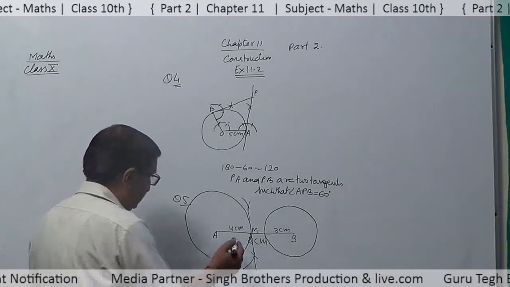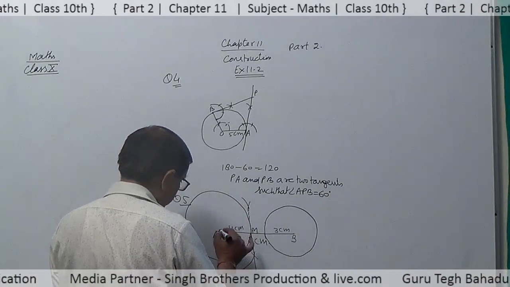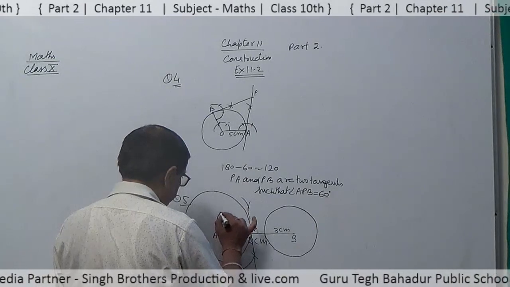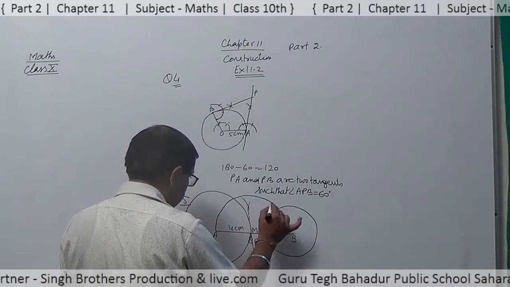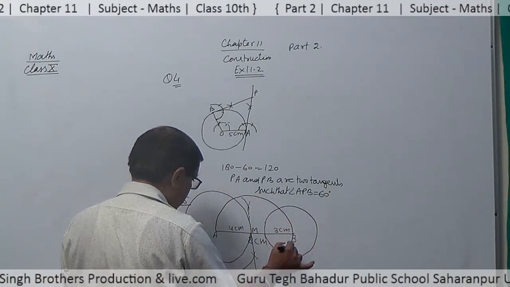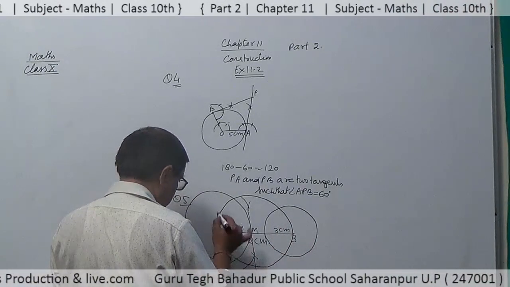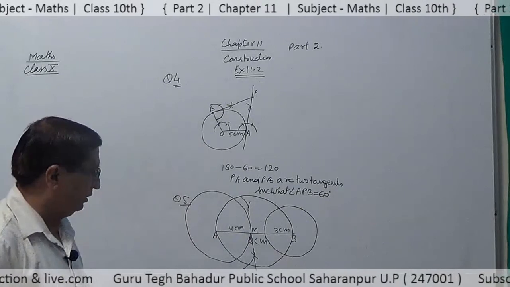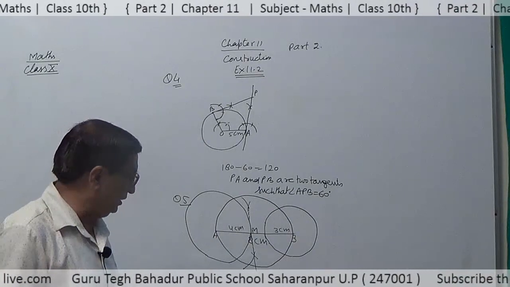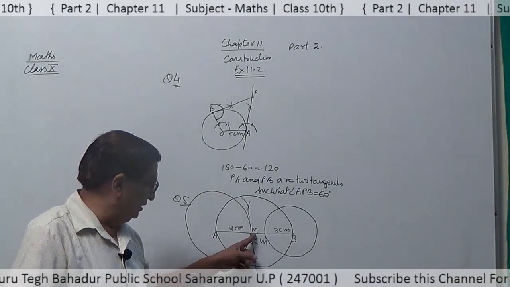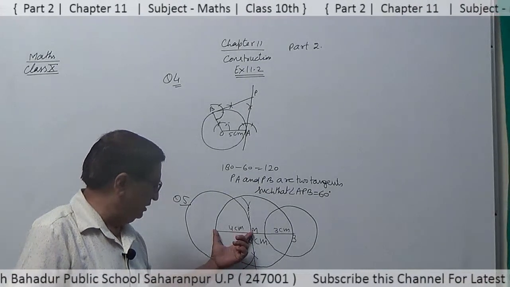Taking M as center, draw the circle which passes through A and B. Draw the circle taking M as center and radius MA.